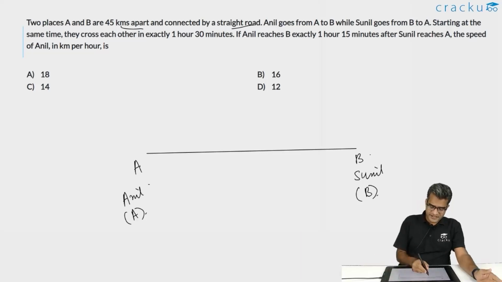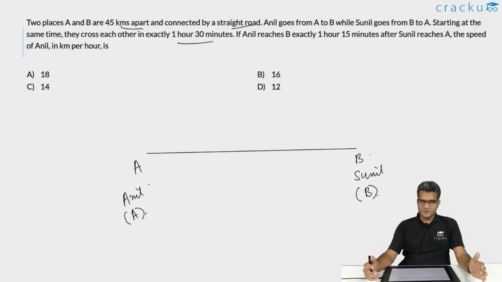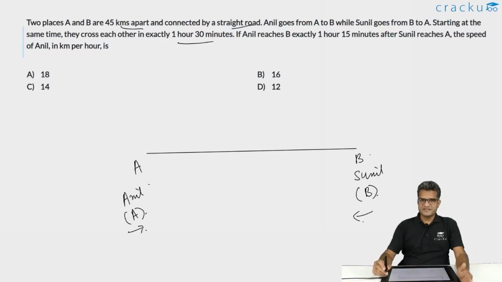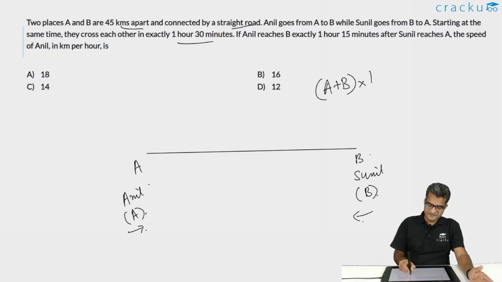They cross each other at exactly 1 hour 30 minutes. So what does this tell us? Anil is going this side, Sunil is going this side. So their relative speed with respect to each other is A plus B. And the relative speed into the time it takes, which is 1.5 hours, will be the distance between them initially, which is 45 kilometers.